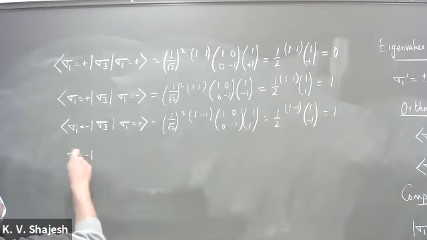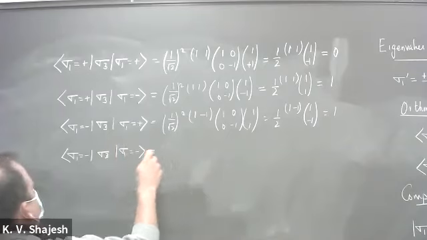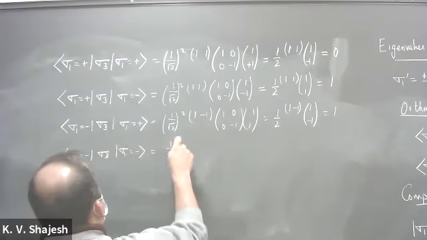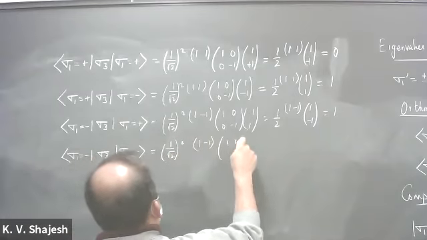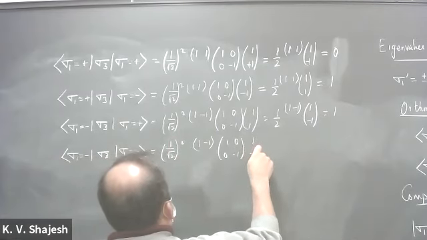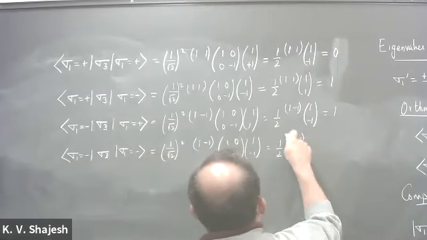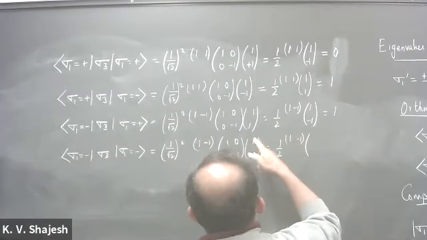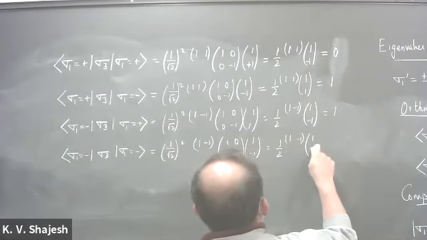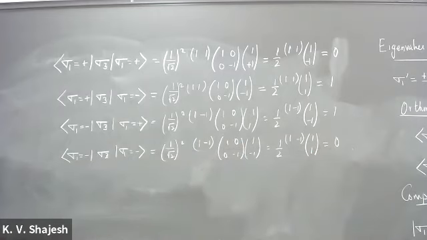Sigma 1 equal to minus plus 1. Square 1 minus 1. Zero.